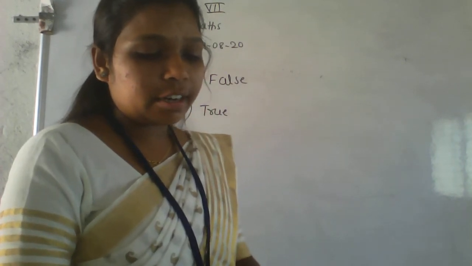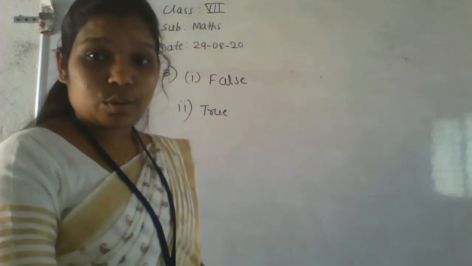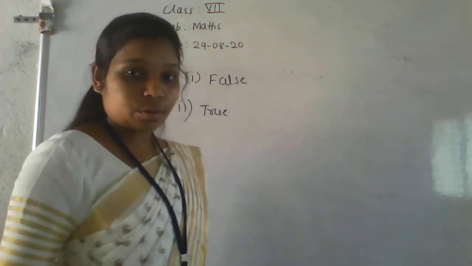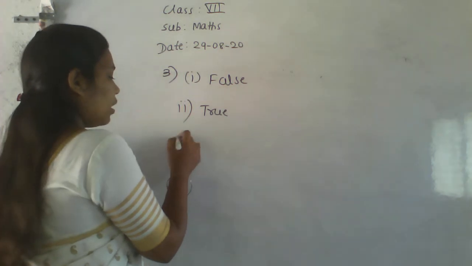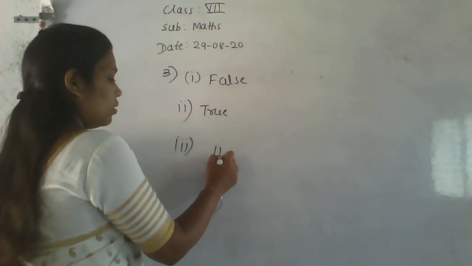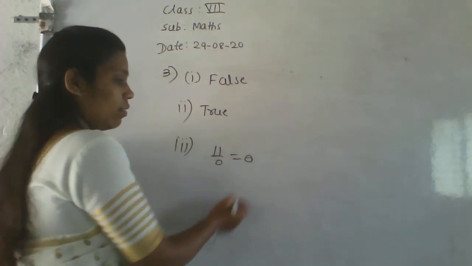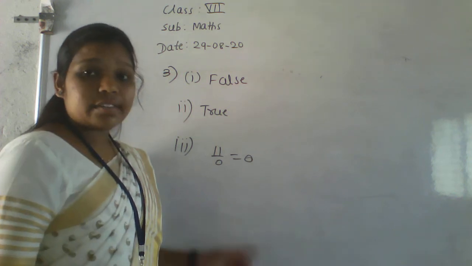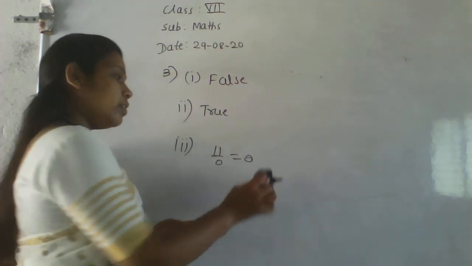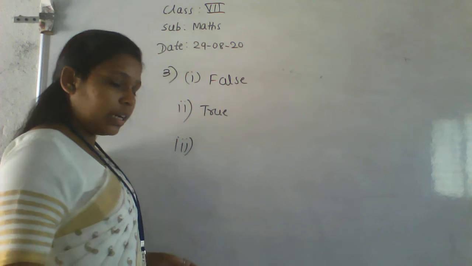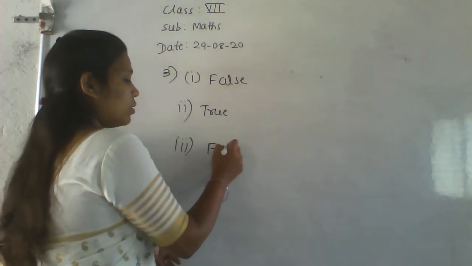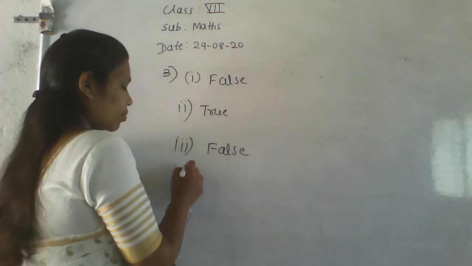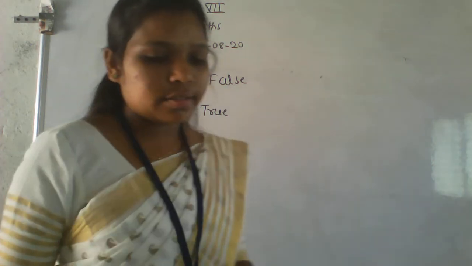Okay, so next, third one. They given here 11 by 0 is equal to 0. Whether 11 by 0 is 0? No, it is an undefined value, right? So it is not equal to 0. So write here a false statement. That is the false statement.